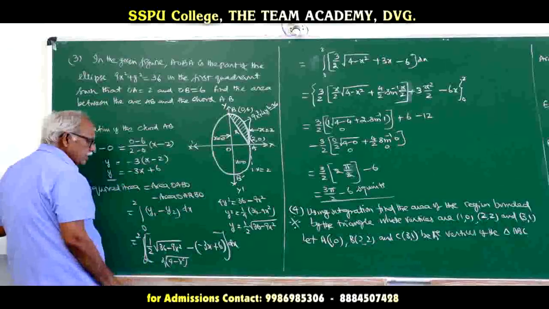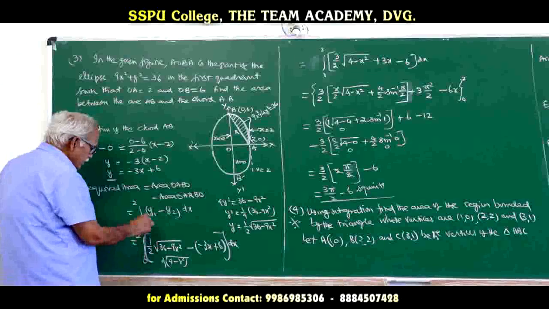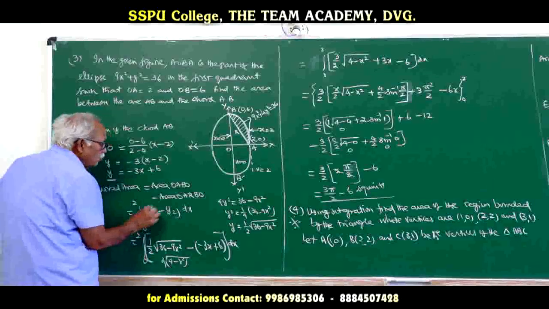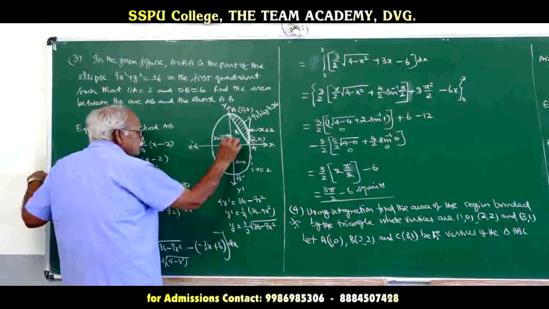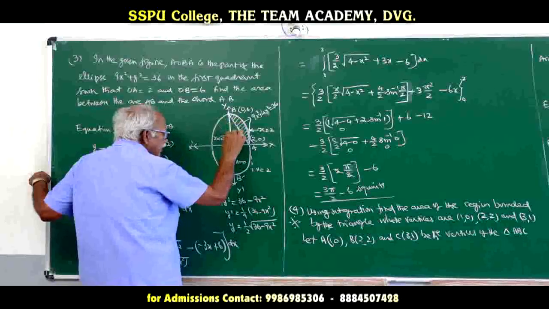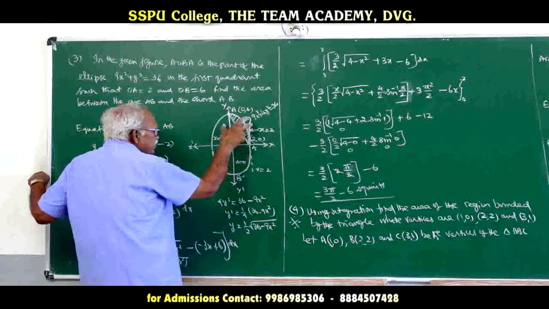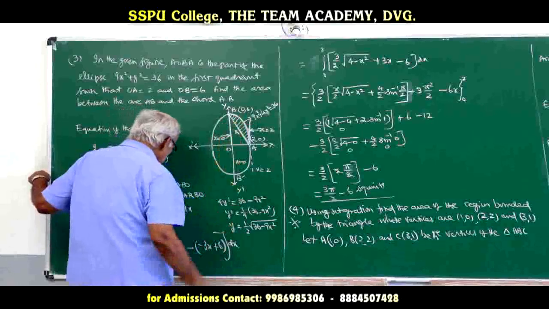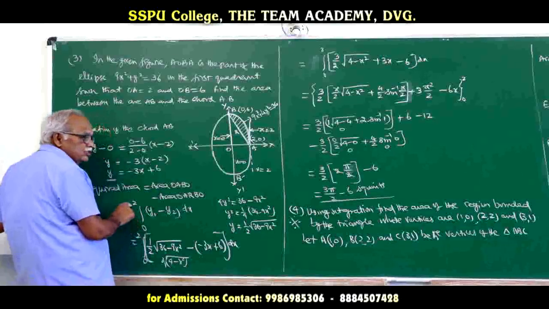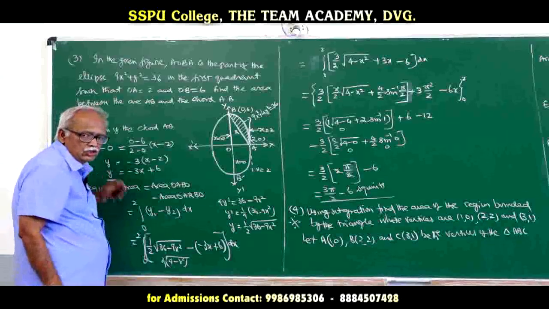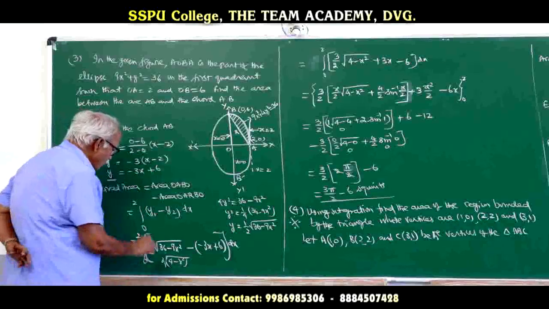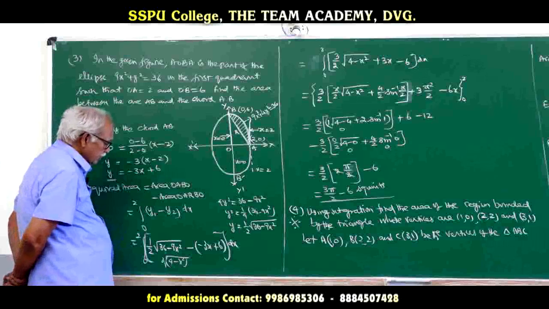So, these areas we have to calculate and subtract. Here 0 to 2, because x is equal to 0 is this ordinate and x is equal to 2 is this ordinate. So, the area is bounded between these two ordinates. Therefore, 0 to 2 is the limit, lower limit is 0, upper limit is 2, y1 minus y2 dx.